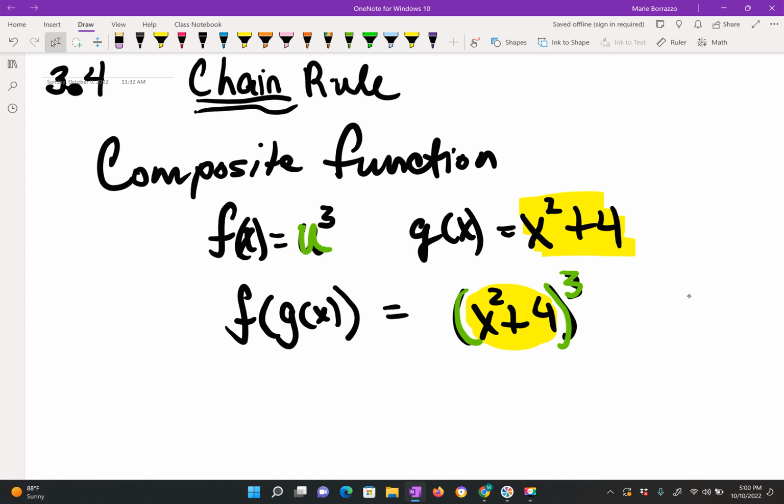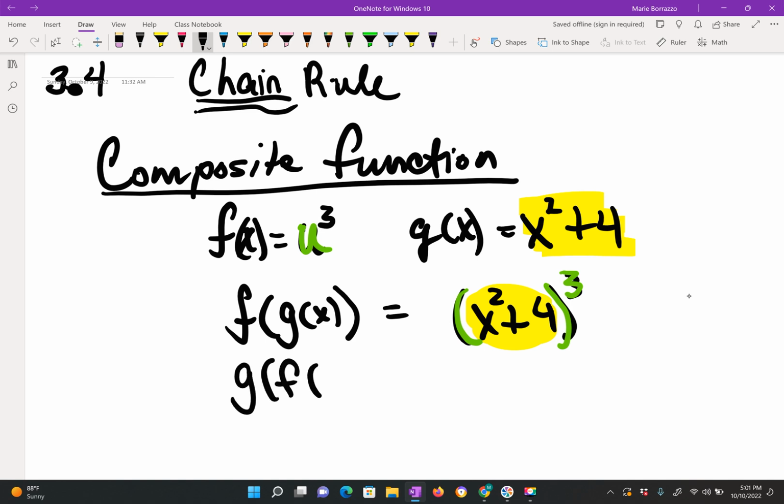That's how the composite function works. That's the foundation concept, the first thing we're going to talk about. Just as I can do f of g of x, I can do g of f of x. Remember that as well.